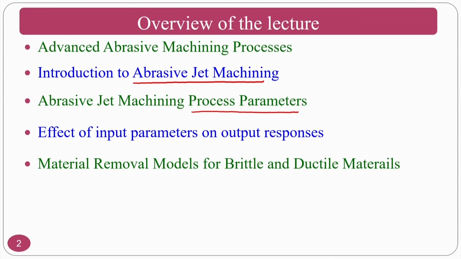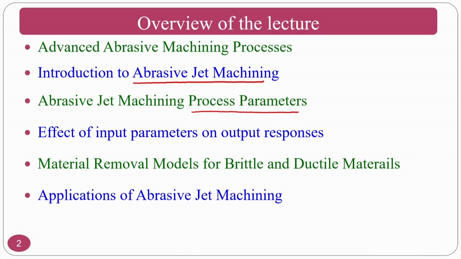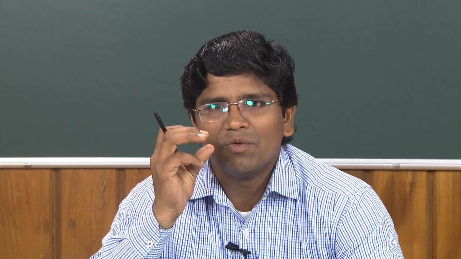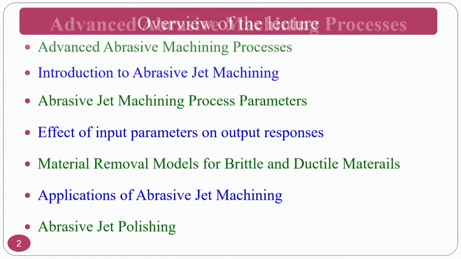Then the material removal models for brittle and ductile materials, applications of abrasive jet machining, and at last we just see a glimpse of abrasive jet polishing also. This particular process can also be used for polishing applications, but application-wise for polishing it is very little. So we just see a glimpse, that is all.